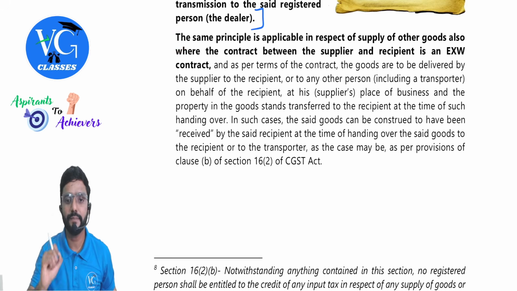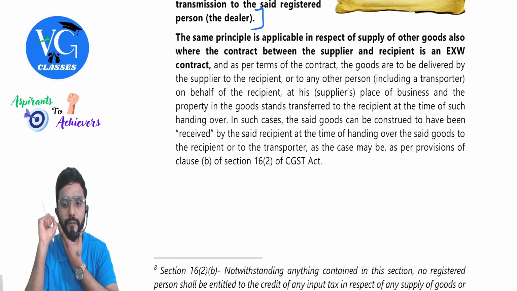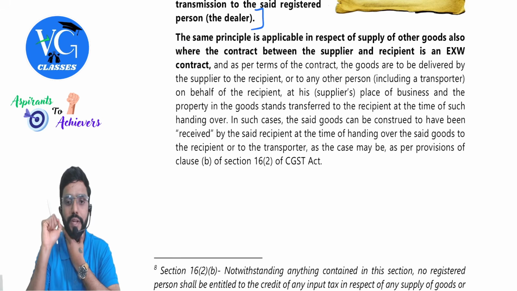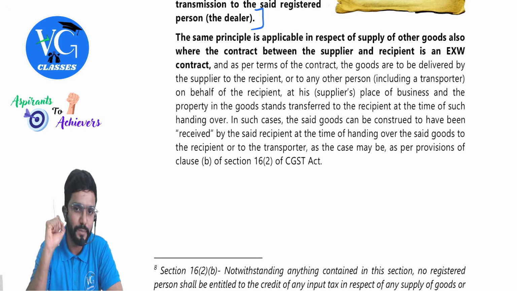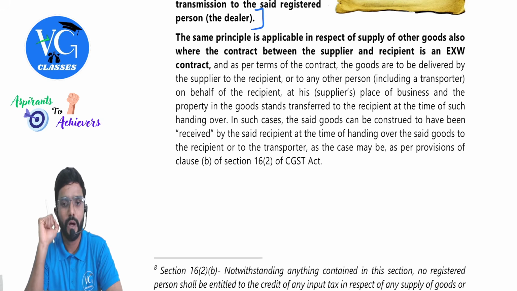The same principle is applicable in respect of supply of other goods also, where the contract between the supplier and recipient is an ex-works contract, and as per the terms of the contract, the goods are to be delivered by the supplier to the recipient or to any other person, including a transporter, on behalf of the recipient at his, that is the supplier's, place of business, that is the supplier's factory gate, guys.